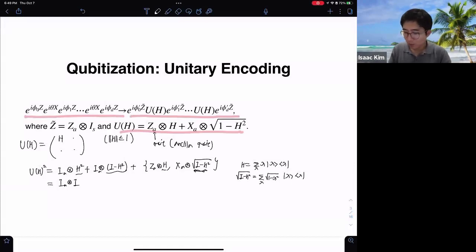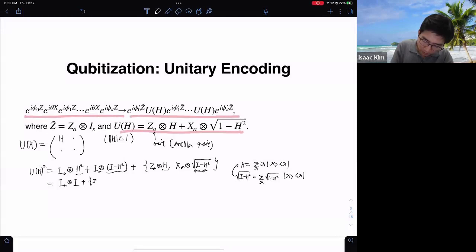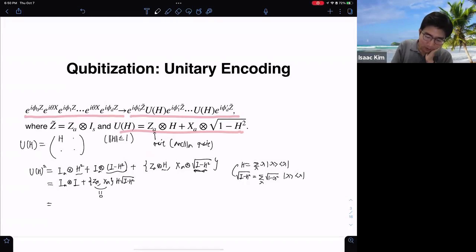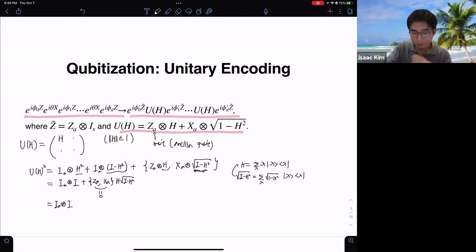Because they share the same eigenstates, clearly they commute with each other, since they can be simultaneously diagonalized. So this turns out to be equal to the anti-commutator of ZA and XA, times H square root of I minus H squared. But of course, this is 0, because Pauli operators anti-commute with each other. So we see that U of H squared becomes the identity operator.